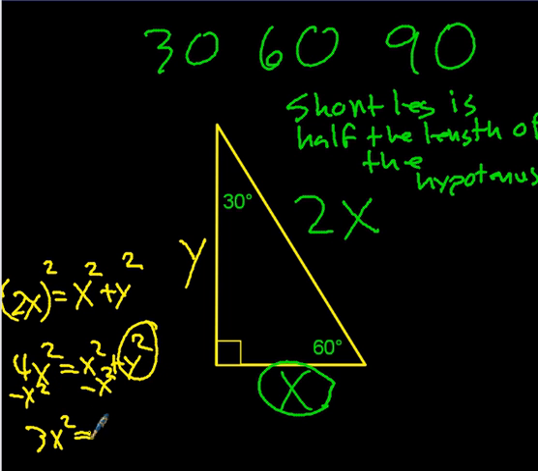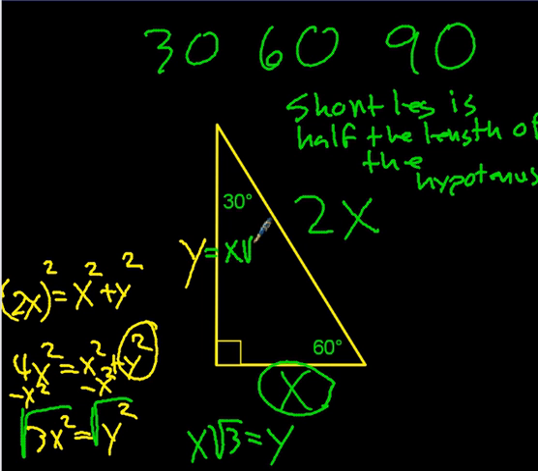And so now I want to take the square root of both sides, so I can just get y. And similar to what we did before with the 45, 45, 90, I'm going to get x, except now it's the square root of 3 equals y. And so this value of y equals x times the square root of 3.